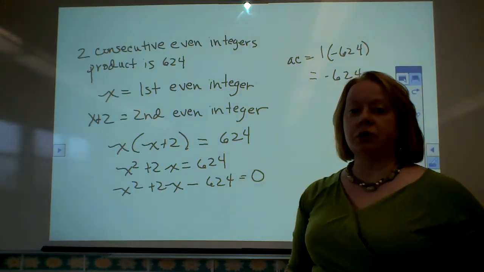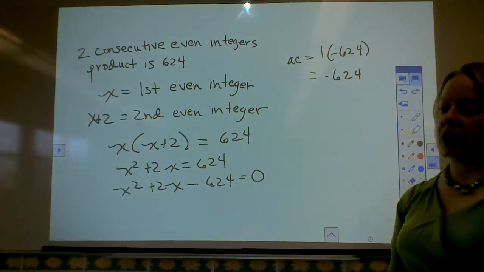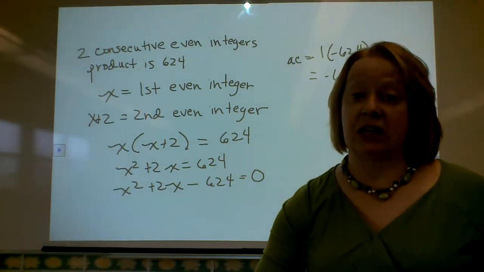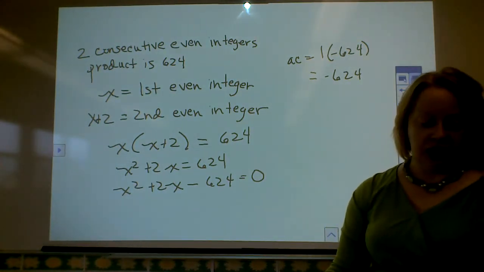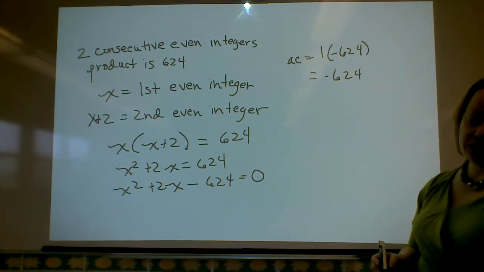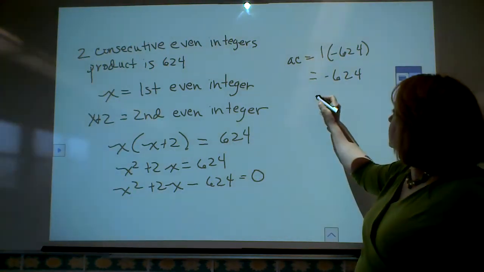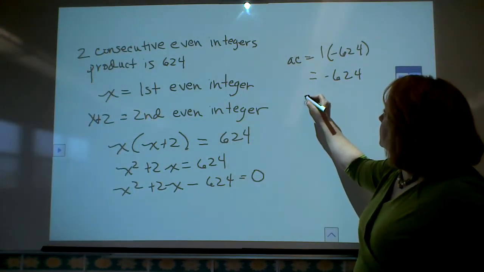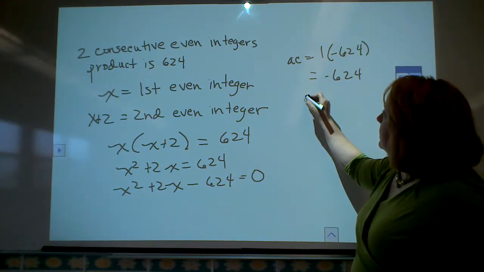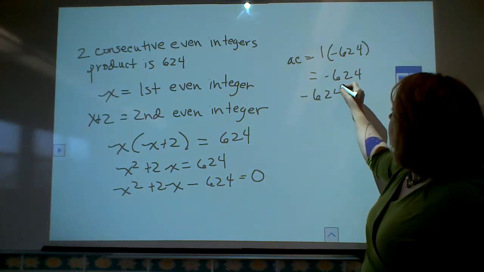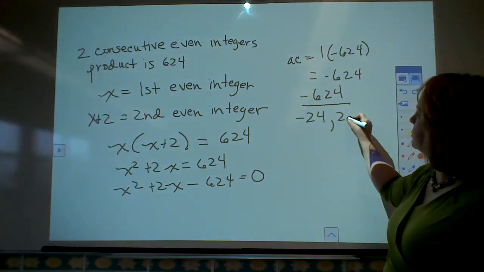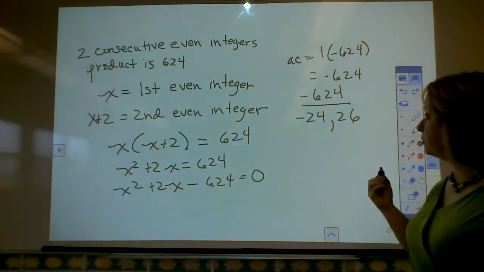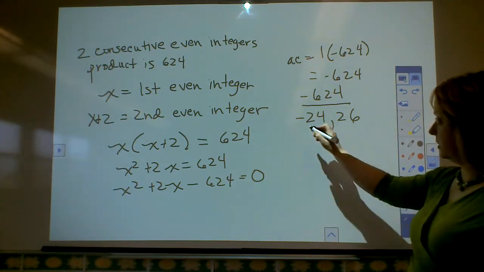And we could go through and solve all that and work it out, but for time's sake, I'm just going to tell you which ones work here. So that's going to be 24 and 26. So negative 624 is going to equal negative 24 and 26 would be a possibility.